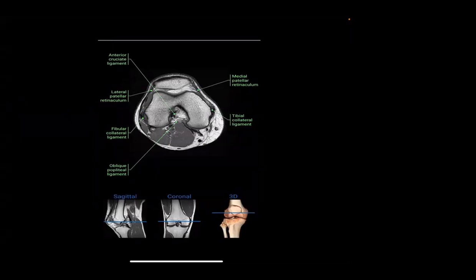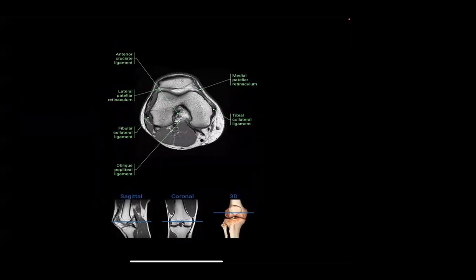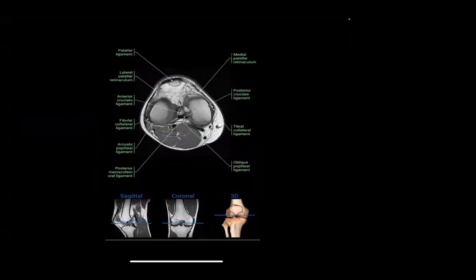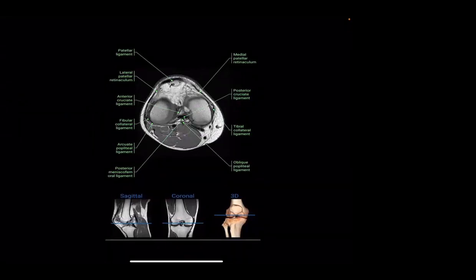And the anterior cruciate ligament also appears here. This is the tibial collateral ligament, and this is the tibial collateral ligament. This is the patellar ligament. And this is the posterior cruciate ligament.